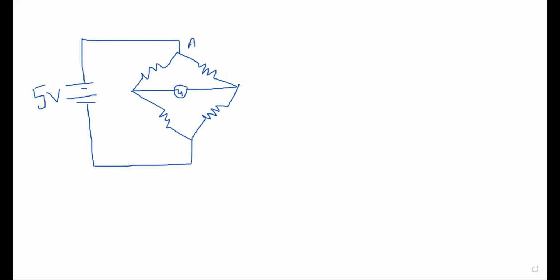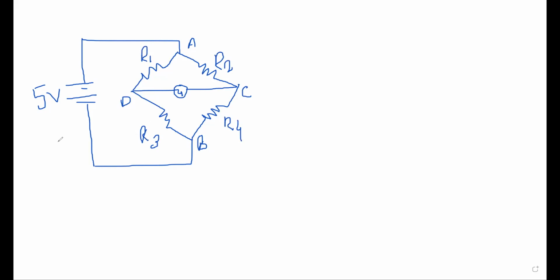Here is the A terminal, and this is the B terminal. This is the C terminal. This is the D terminal. This is R1, this is R2, this is R3, and this is R4. These are the 4 resistances you can see.